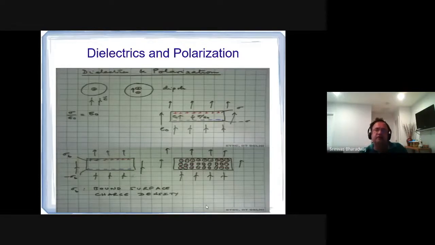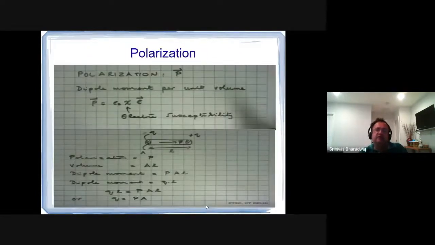That's what Ampere said. That is called the displacement current. Now the dipole moment per unit volume is epsilon naught chi times E, where chi is the electric susceptibility of the particular material. Epsilon naught chi times E will give you what is called the polarization.